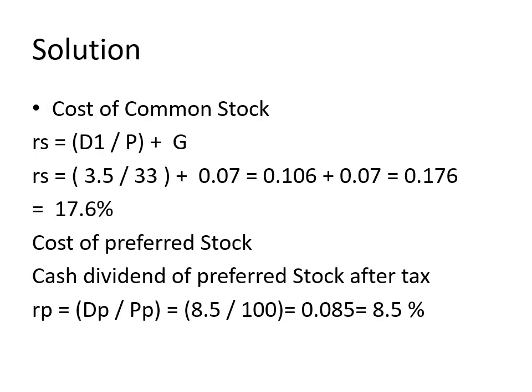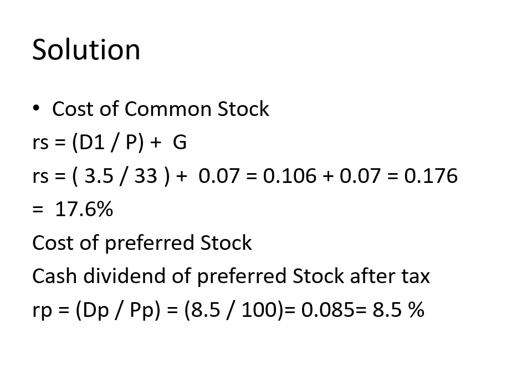In the previous exercise, we have three main sources of capital: common stock, preferred stock, and debt. The cost of common stock is calculated by this rule: RS equals D1, the dividend on each share of common stock, over P, the price of each common stock, plus g, the constant rate of growth.